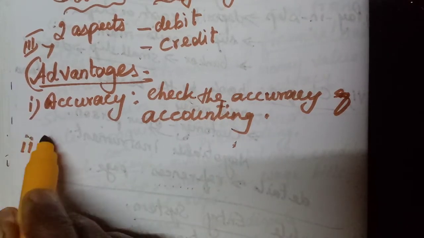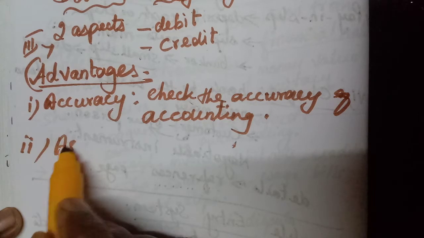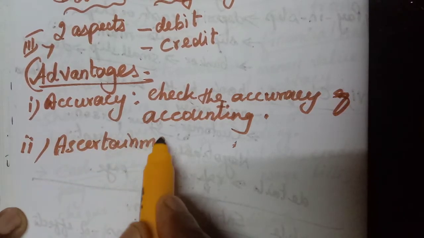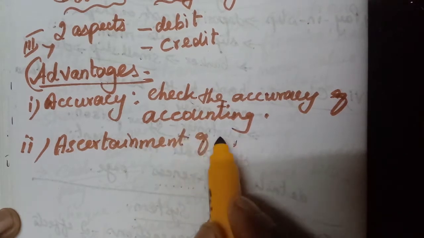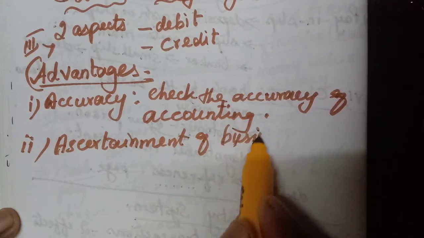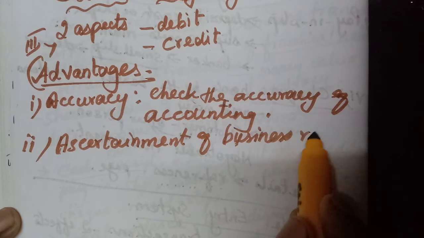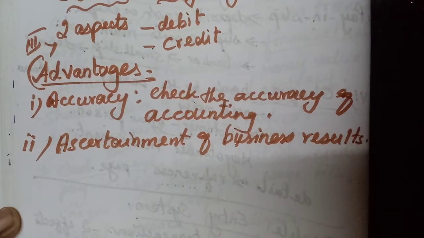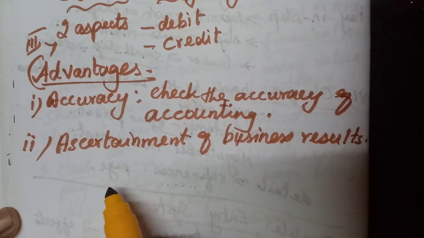Second point, ascertainment of business results. To calculate the business result, that means the performance of the business, we can use the profit and loss account.